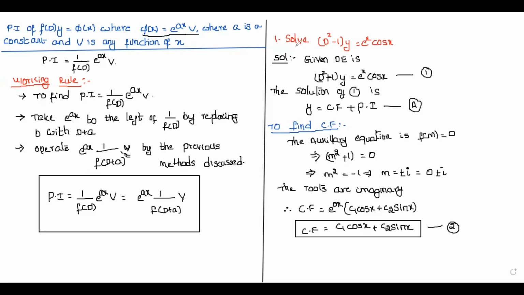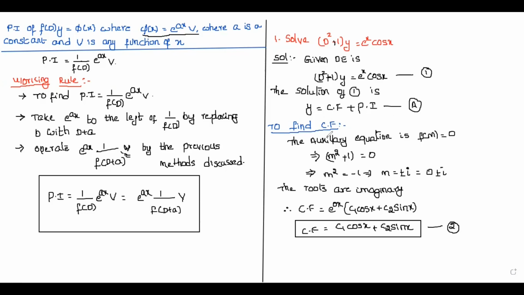So, the first problem: solve D square plus 1 into y is equal to e power x into cos x. The given differential equation is D square plus 1 into y equal to e power x cos x. As discussed in the previous lectures, the solution is always given by y equal to complementary function plus particular integral.